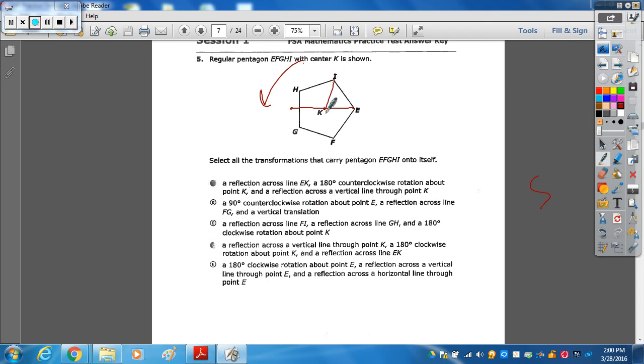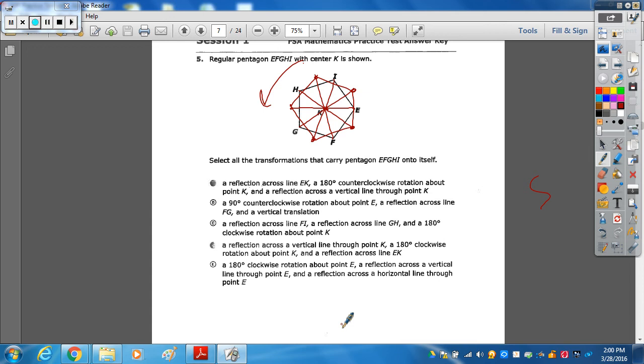If I do I, 180 degrees counterclockwise, putting I right there, H will go over here, G will go over here, and F will go over here. So it will look something like this. Okay? It doesn't map back onto itself, so I don't know why it's included as part of the answer.